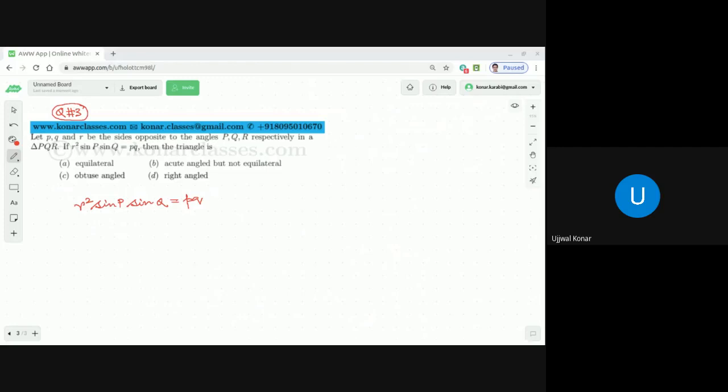Now, from this analysis, just to construct the triangle. As I said earlier also, you will get questions where the triangle is not exactly given as ABC. Here it is given as PQR, and QR is p, PR is lowercase q, and PQ is lowercase r, as you see, dear students.